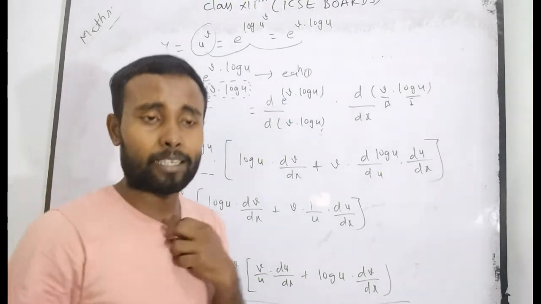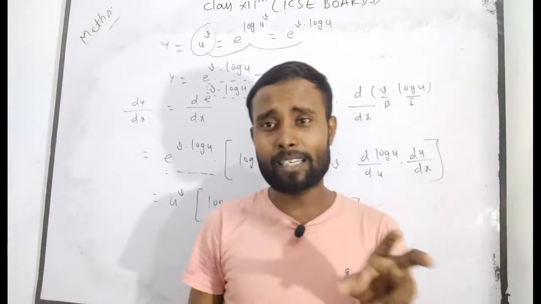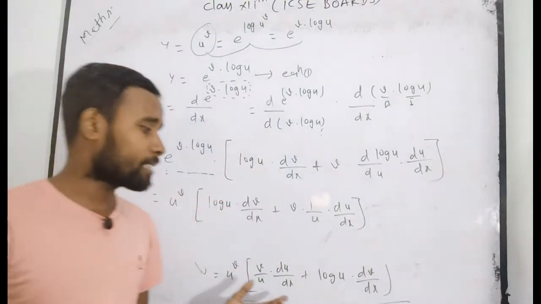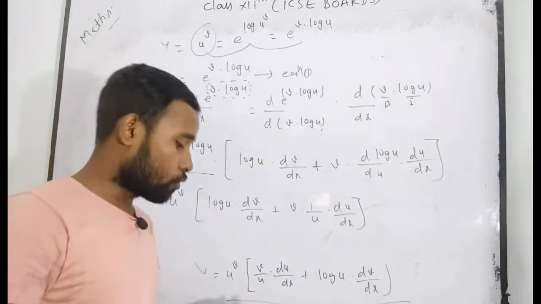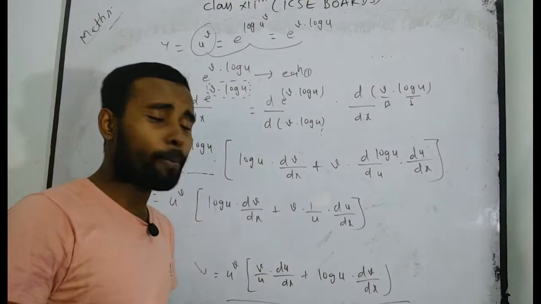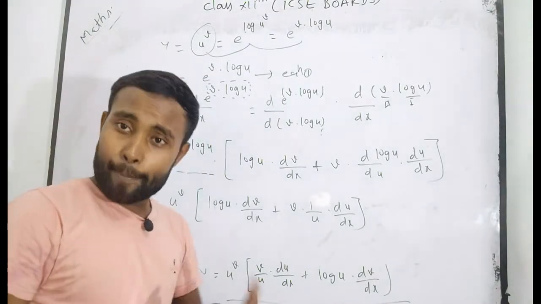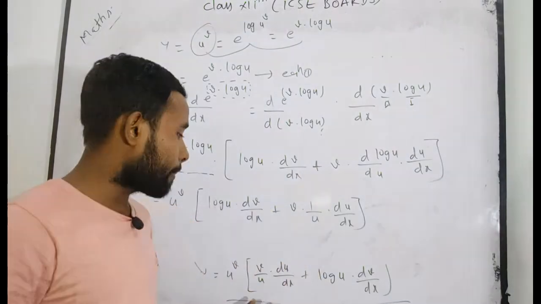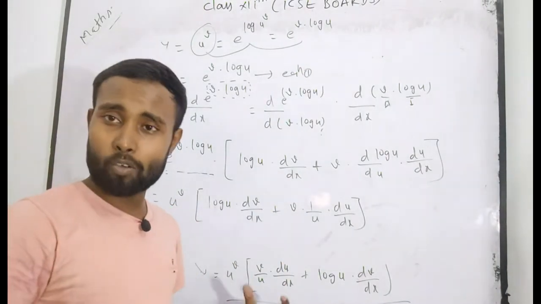In your examination, but I will suggest that when you give your objective examination and face problems of the form variable to the power variable or function to the power function, always try to solve them using only this formula.